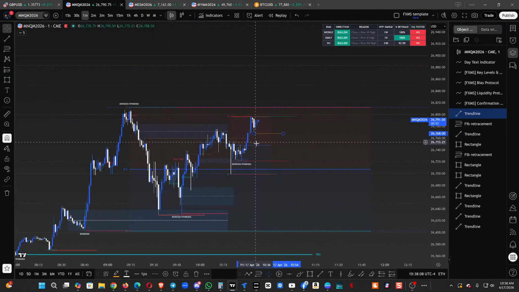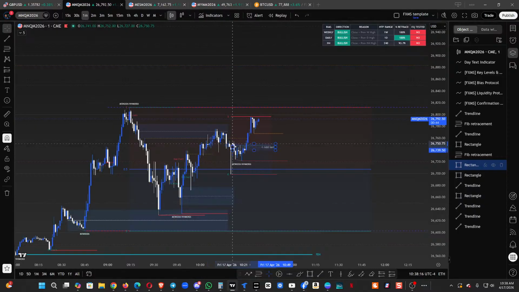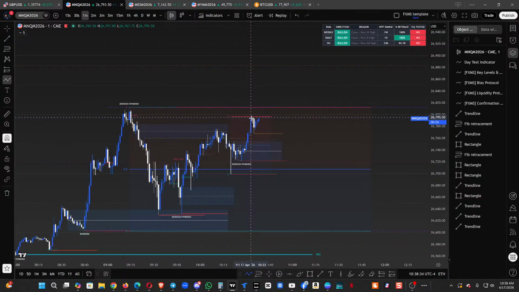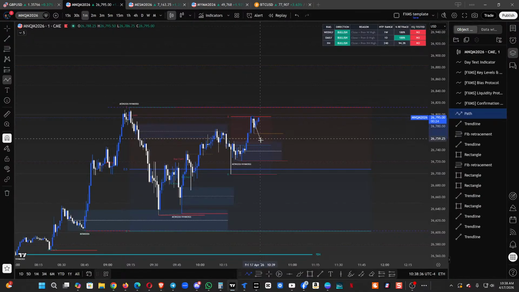So sweep into that level here, maybe this as the OB, or I would say this whole down move, this swing high down to this swing low with the divergence, right? That's our mini swing, that's our order block, okay, inside of our discount range here. So a move down to take that out into the order block and then moving up.